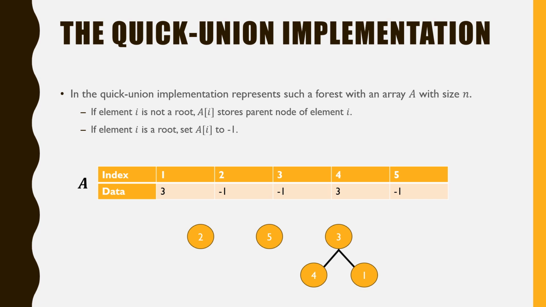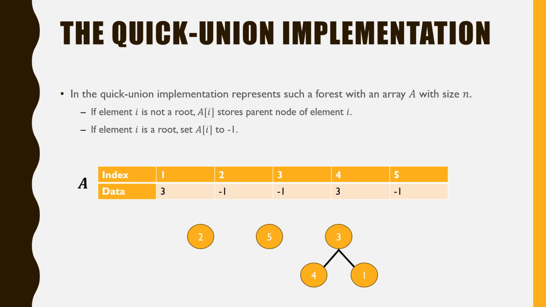The quick union implementation represents the forest using an array A of size n. Specifically, if an element I is not a root, A[I] stores its parent node. If I is a root, A[I] is set to -1. For instance, the array A represents the forest formed by the 3 trees shown here.